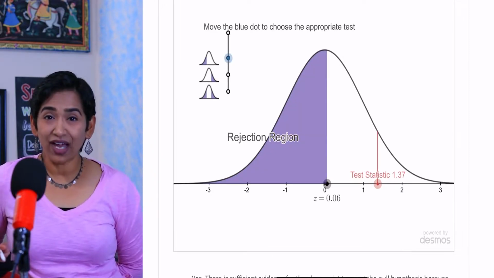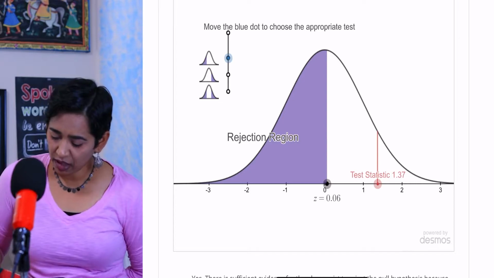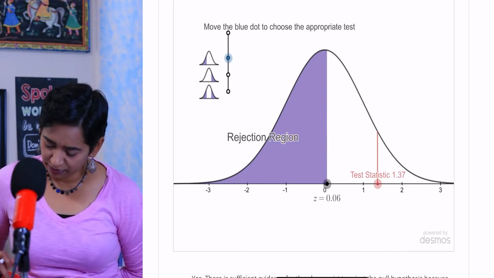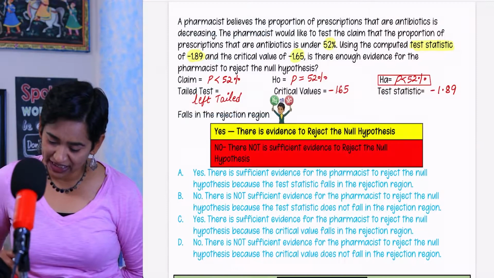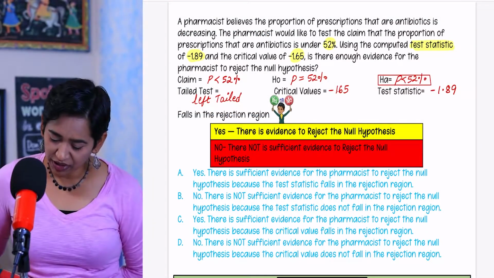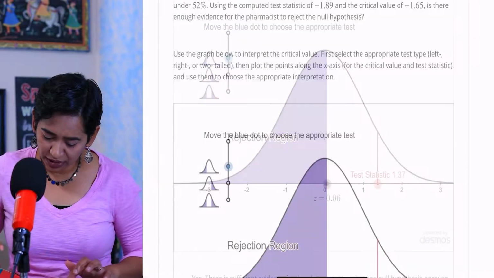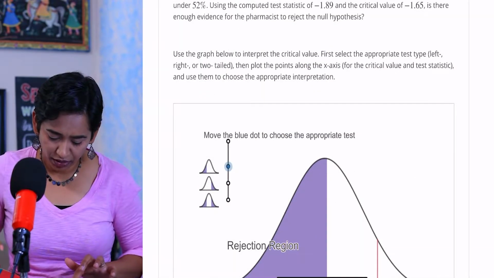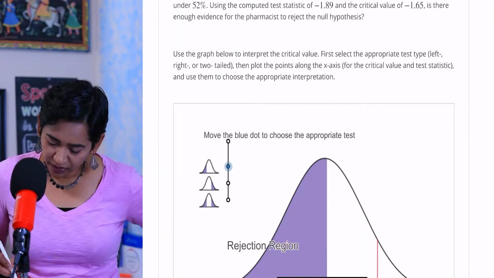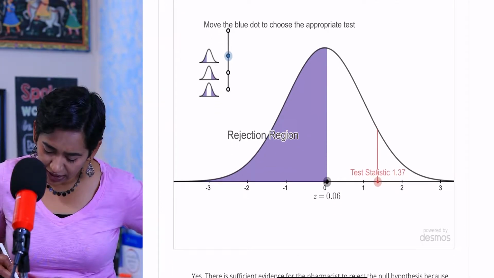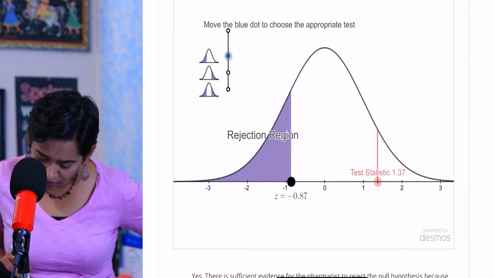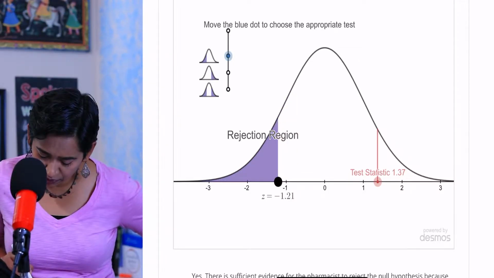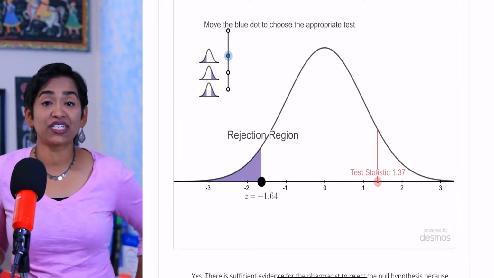My critical value was negative 1.65. So this is my critical value, going further down, down, down, there you go, negative 1.65.